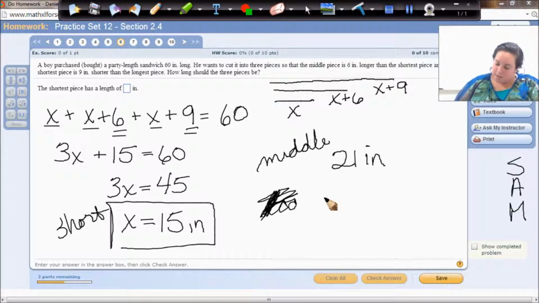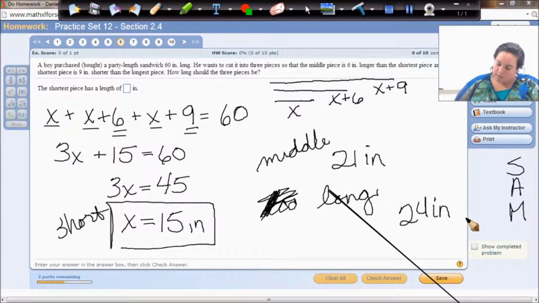Well, it doesn't look like my eraser is going to work, but the long piece will be 9 inches longer, or you could say 3 inches longer than this one. But 9 plus 15 is 24 inches. All right, great.